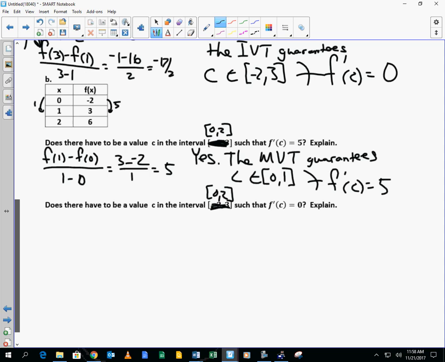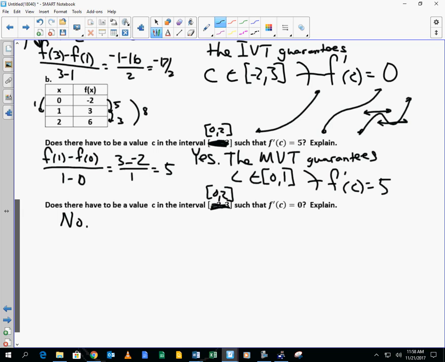Yeah, so here I went up 5. Here I go up 3. So as a total, I went up 8. So does it have to be 0 at some point? No, I mean, the function might look like that. The function might look like that. Now, it's possible the function could look like that and that the derivative could be 0 somewhere, but we don't know that for sure. We can't guarantee it.